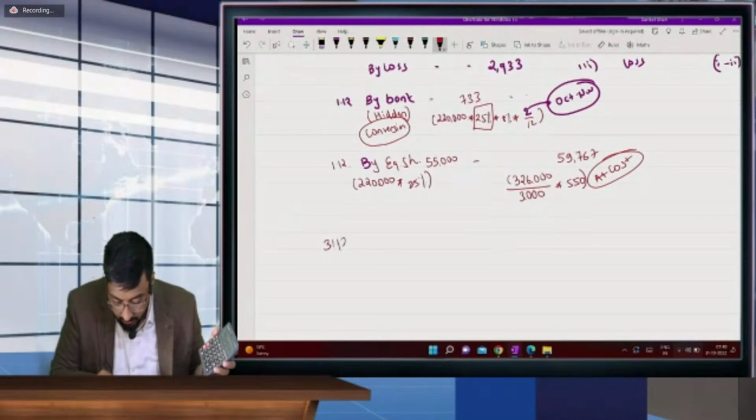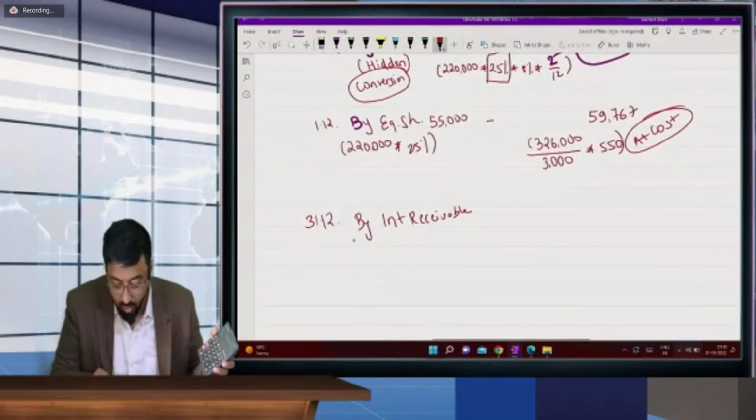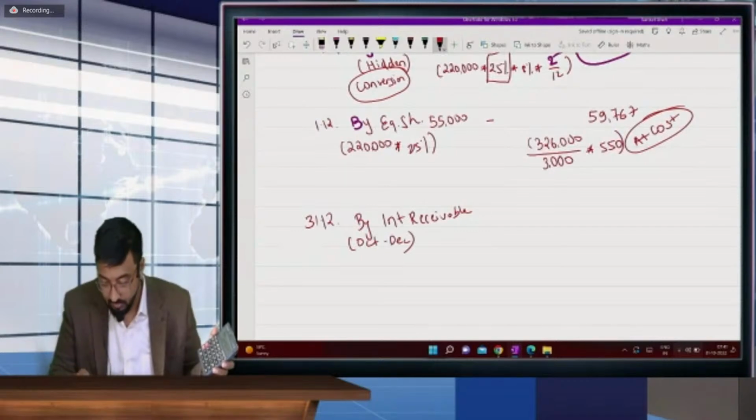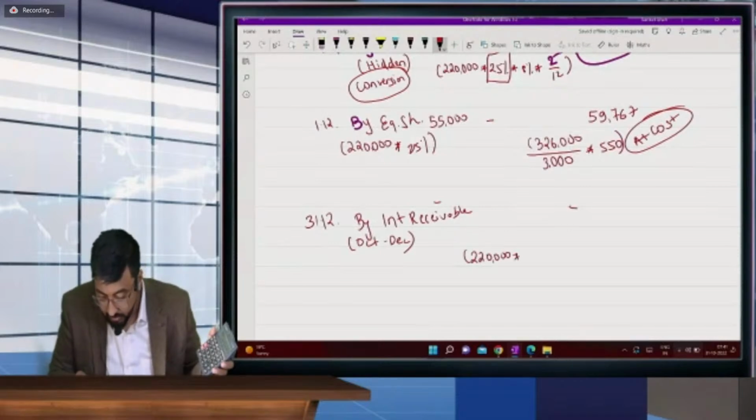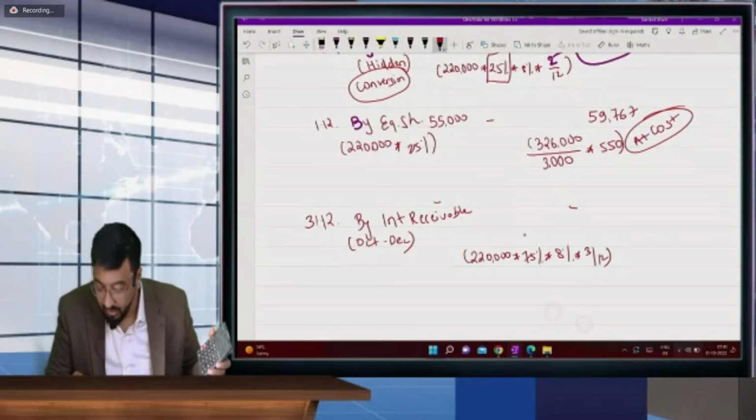Again red pen. By interest receivable for 3 months from October to December. Interest receivable is a closing entry, in the interest column. 2,20,000 into 75% into 8% into 3 by 12, which is 3,300.